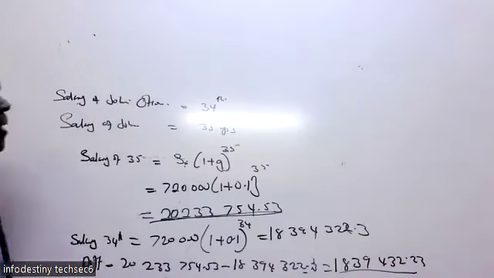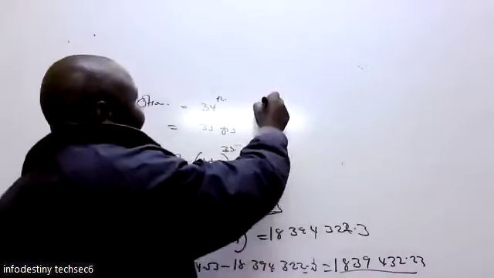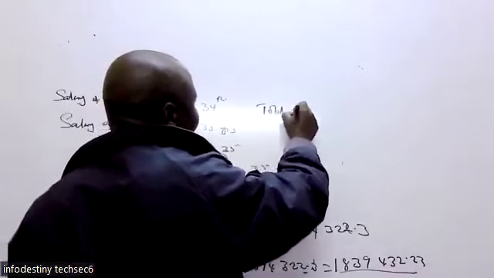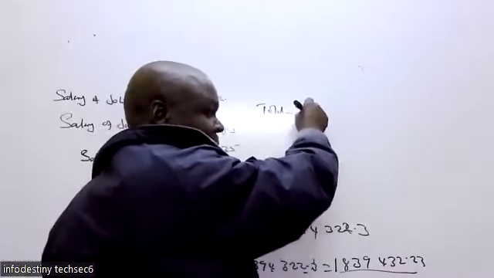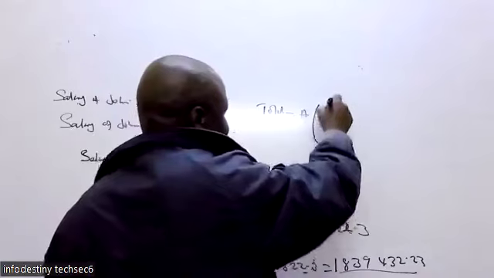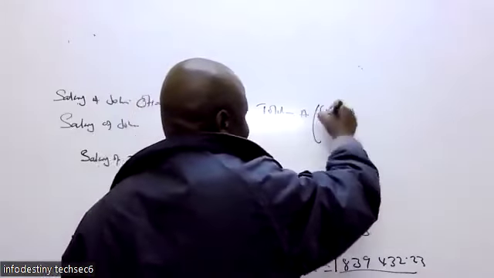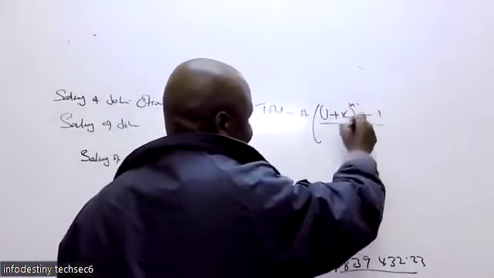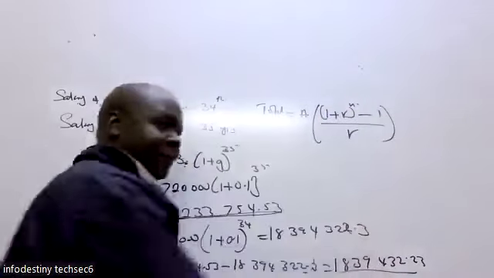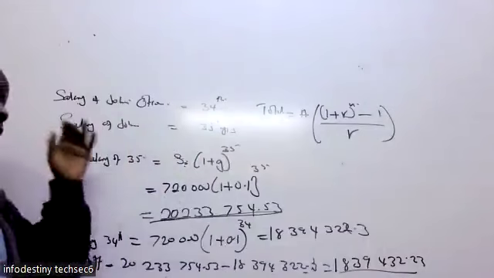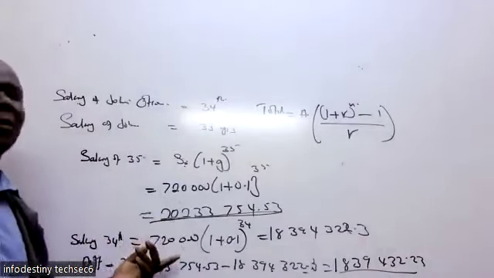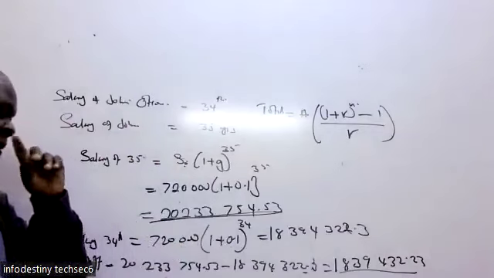So for the total salary, you just write A. Total salary will be equal to A into bracket 1 plus R raised to n minus 1 over R.